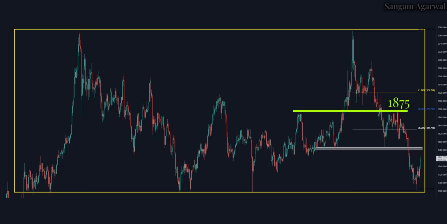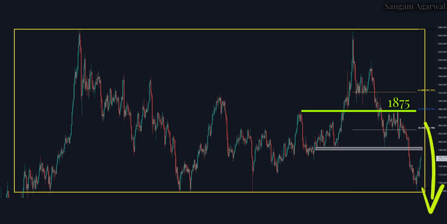If price reverses from 1786, then it cannot go much lower, like 1400. If it retraces up to 50% and then reverses from 1875, then the next lower low can go up to 1300.